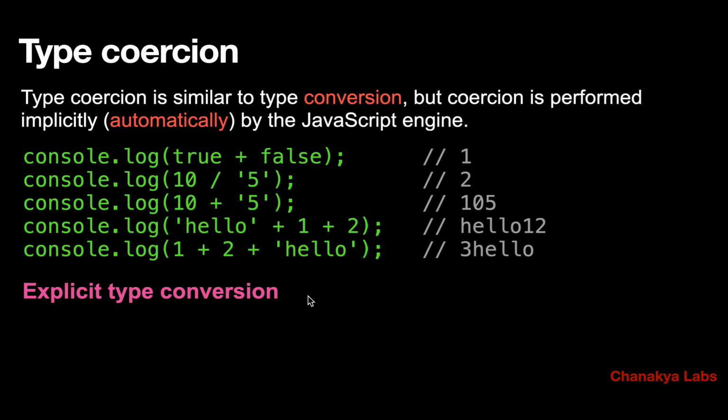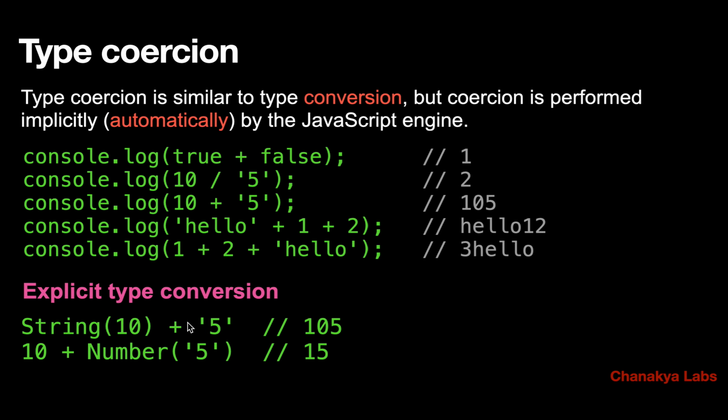Okay, so this coercion is implicit, but you can do explicit type coercion also with something like this. Obviously when you do simply 10 plus 5, it will give you 105, but this is implicit, you have not told it to do this. When a programmer himself or herself does something like this, being explicit about what is going to happen, then you say, yeah, convert 10 to string.